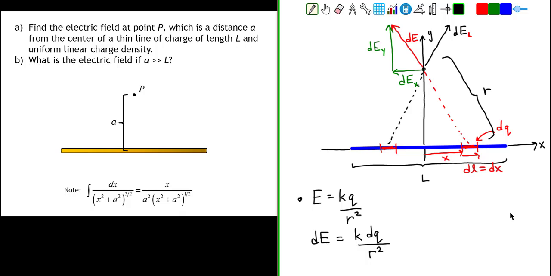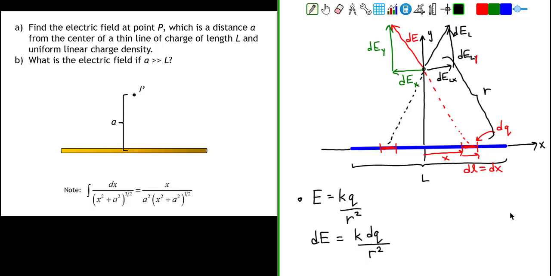And when I sketch the components of the electric field of my representative charge on the left, I see that its x component points horizontally to the right. And I also see that it has a vertical component to the electric field. I'll call that vertical component dE_y.